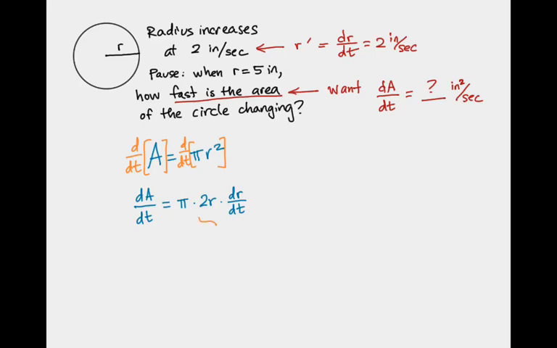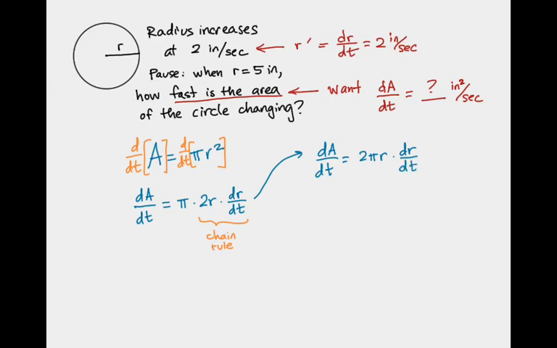Again, that's a chain rule. Let me write that a little more neatly: dA/dt equals 2 pi r times dr/dt.